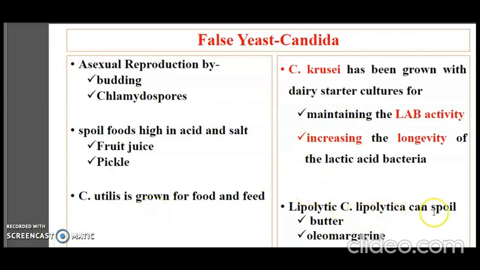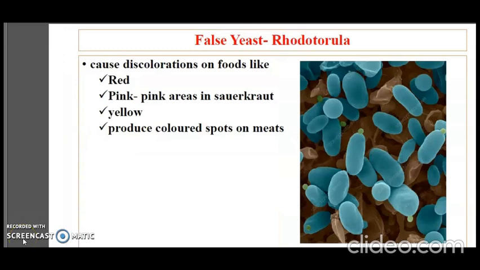Candida lipolytica can spoil butter and oleomargarine. Rhodotorula causes discoloration on foods, like red and pink areas in sauerkraut, yellow, and produces colored spots on meats.